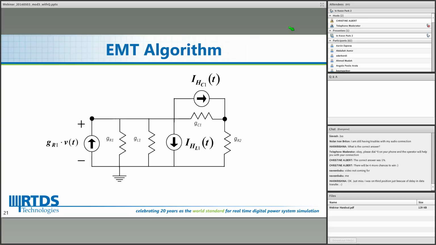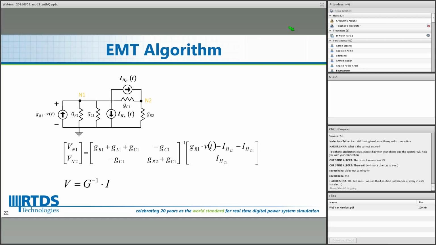Now, instead of dealing with the differential equations associated with the circuit elements, such as a capacitor or inductor or any other devices in your circuit, the only components left in the circuit are either the admittance or the current injection. Then we can build up the admittance matrix, usually called the Dommel admittance matrix, like this one in this slide.